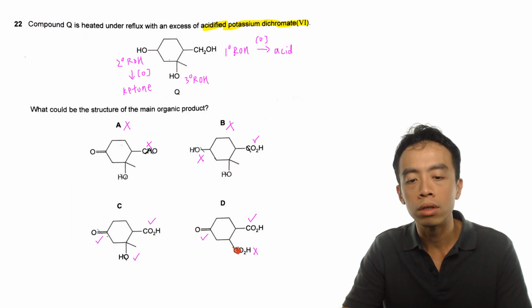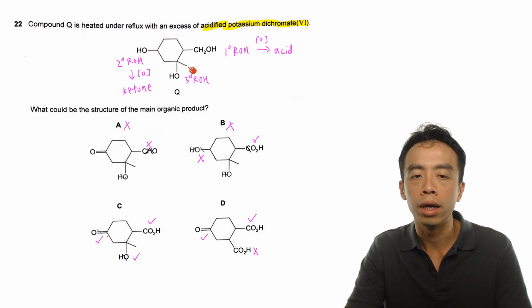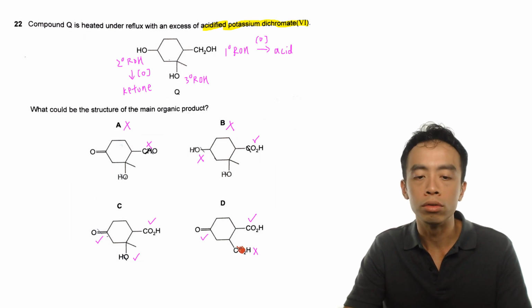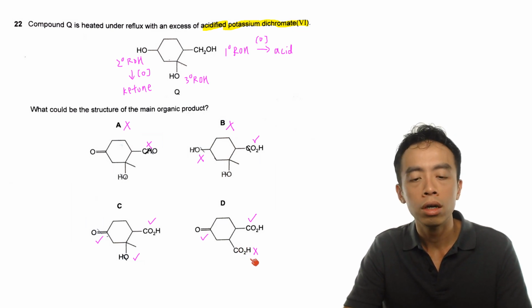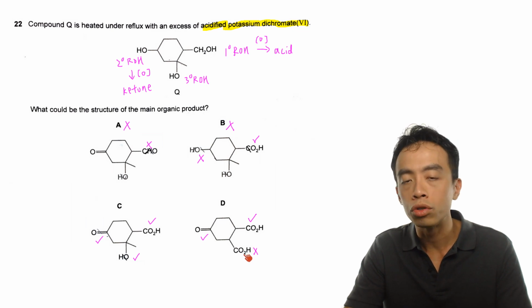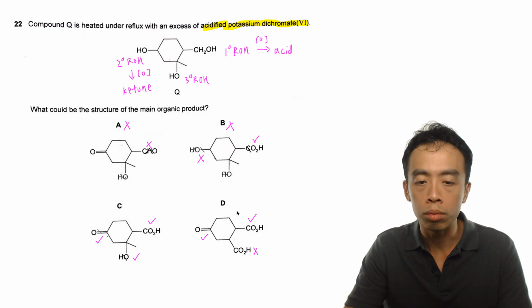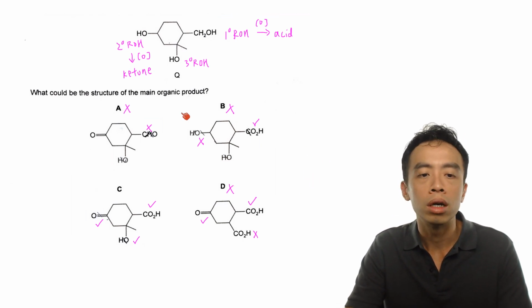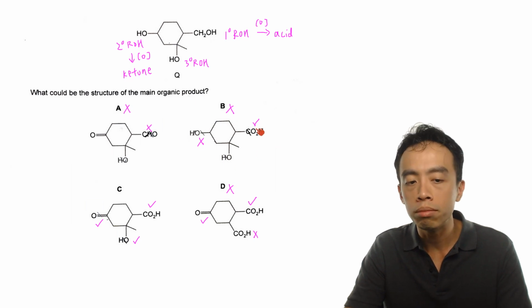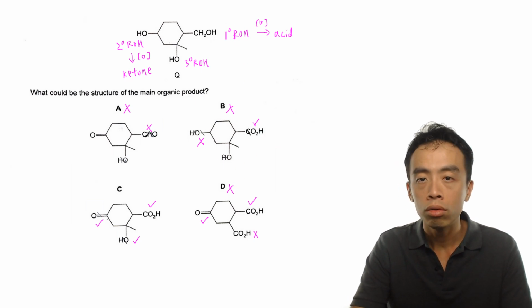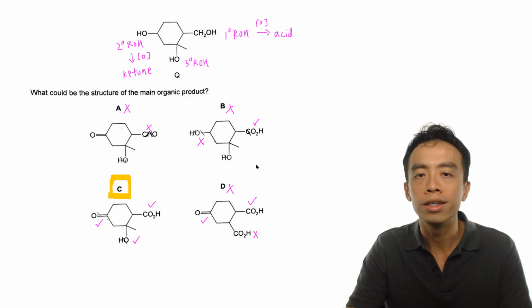And you notice even the way the carbons are arranged is wrong, because suddenly this OH group is gone, and this carbon here, which is supposed to be an alkane, has been converted to an acid group. So D is definitely wrong, because we should leave the tertiary alcohol as it is. So option D is also out. Of course, looking at options A, B, C, D, we have determined by elimination that the answer to this question is option C.